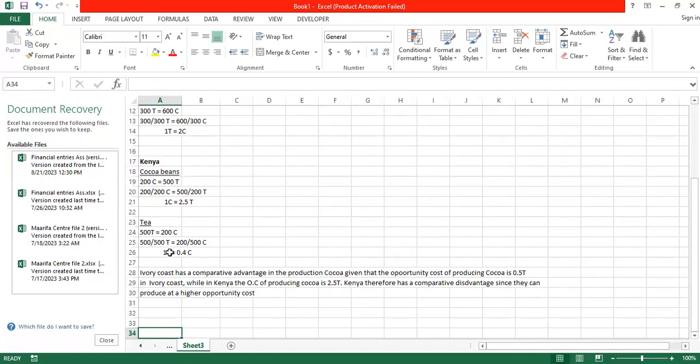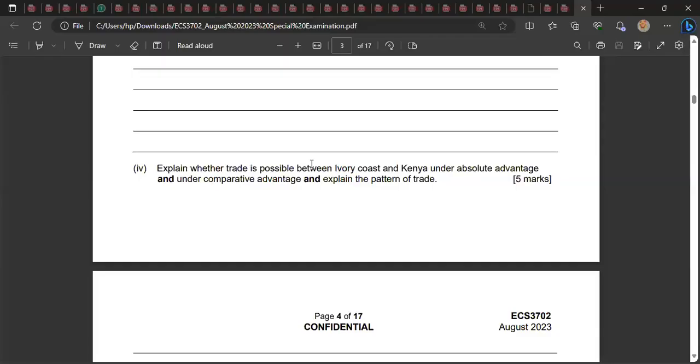We've already spoken of the pattern of trade. After that, you get your 5 marks. You have explained whether trade is possible under absolute and comparative advantage. The pattern of trade is the direction: who is going to be producing what and exchanging it with the other country.